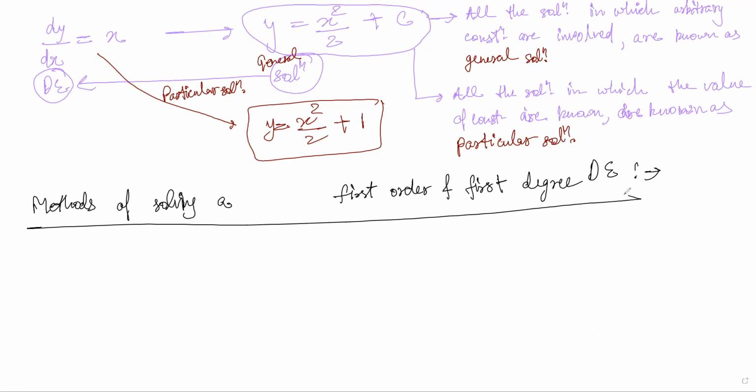So first order and first degree DE. We have like 8 types of first order and first degree differential equations. But in our course, we'll only be learning about 3 types. Now they are easy to learn, but you have to understand the process with the differential equation. So you'll first have to understand what kind of differential equations these 3 are. If you understand them, then you'll understand the method of solving them.